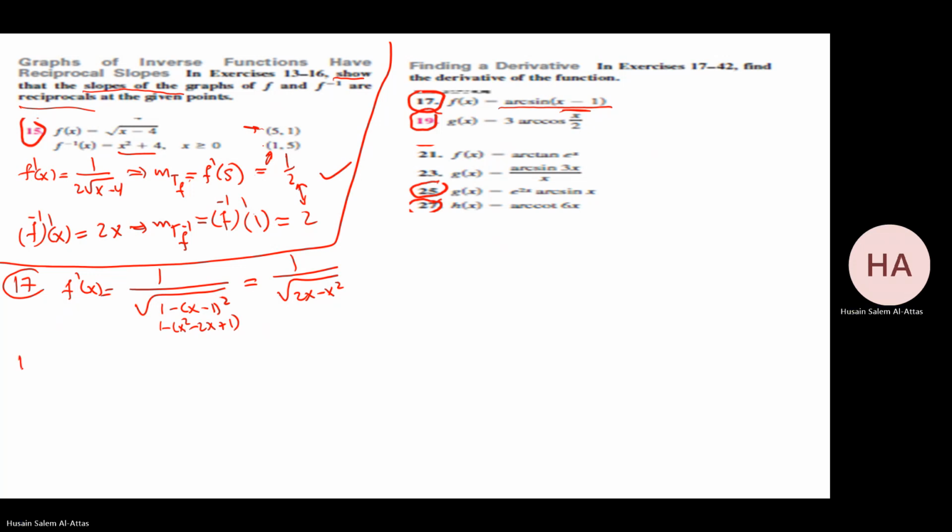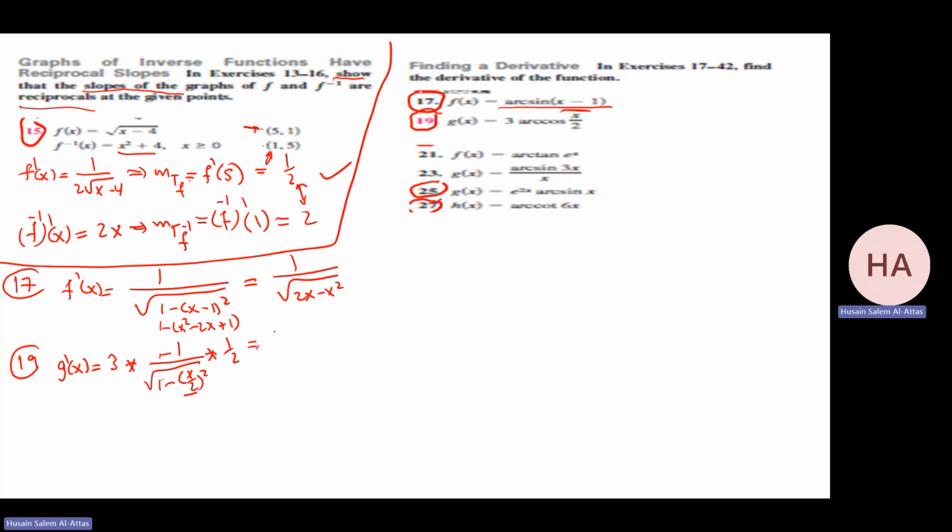19. G of x, I want to find g prime of x. That will be what? 3 times arccosine of x over 2, which is minus 1 over square root of 1 minus (x over 2) squared times derivative of this, which is half. That will be 1 minus x squared over 4.